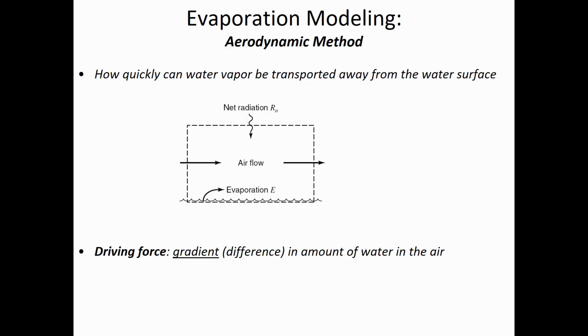Like if we had 100% humidity immediately above the water surface, then there really isn't any place that water can go. And so in the aerodynamic method, what we're asking is how quickly can that vapor be transported away from the water surface? So we want to be bringing in dry air that has a low relative humidity to make room for the water that's been vaporized.